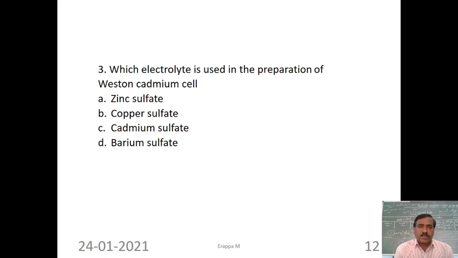Number 3. Which electrolyte is used in the preparation of the Weston cadmium cell? There are 4 answers. A is zinc sulfate, B is copper sulfate, C is cadmium sulfate, D is barium sulfate.